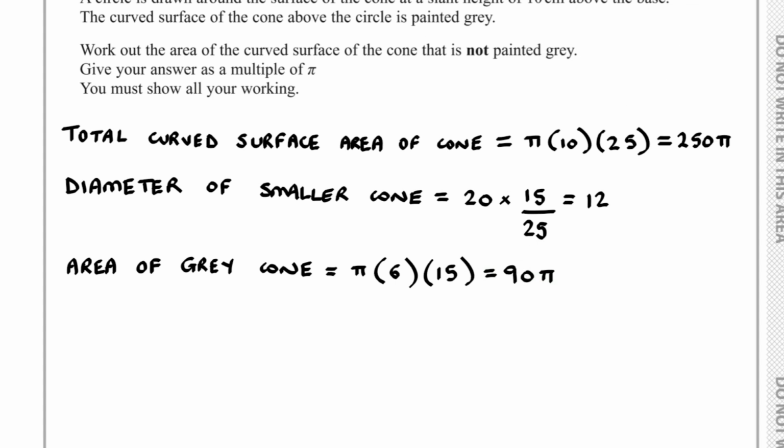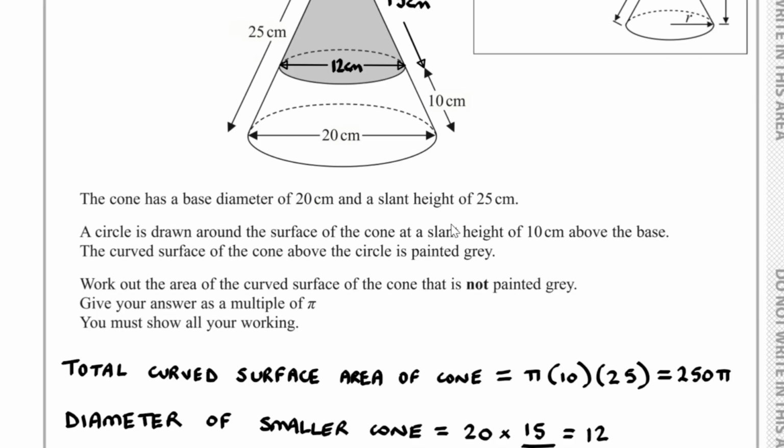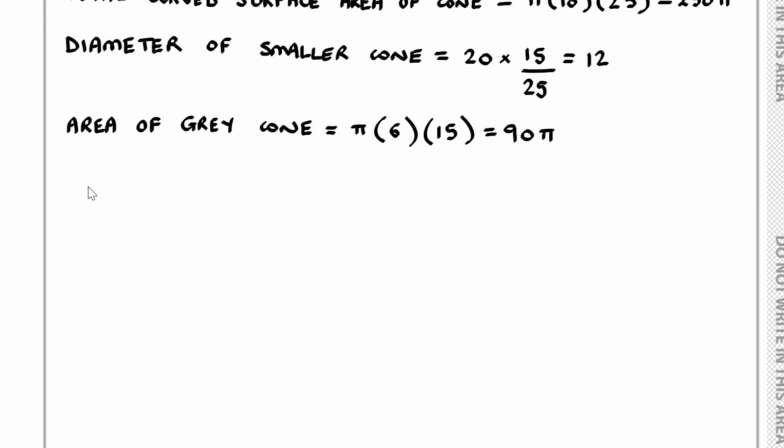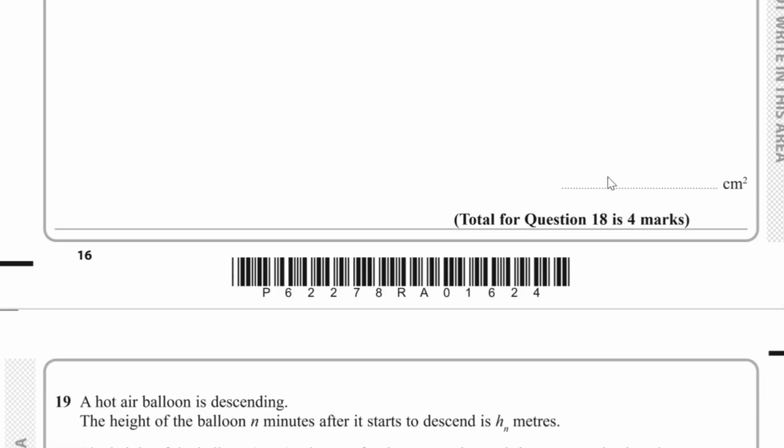And at this point, to find out the area which is not painted, that will equal 250 pi subtract 90 pi, which is 160 pi centimeters squared.